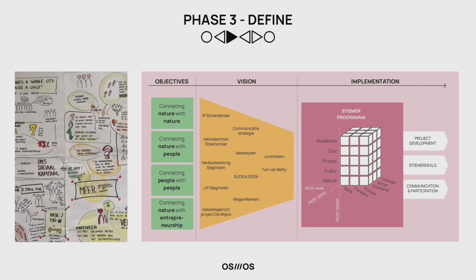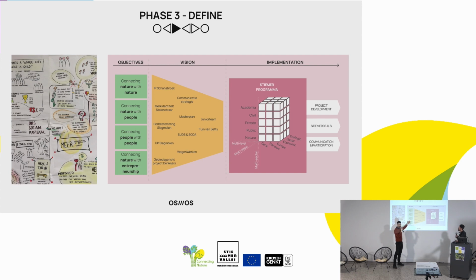There was a reframing of what the project was, and it came down to 4 different objectives, because there's an acceptance that this wasn't just about nature and public space, but it was also about culture and how culture and nature intersect. So you have connecting, there's a typo here, forgive us, connecting nature, connecting nature with people, connecting people with people, and connecting nature with entrepreneurship.